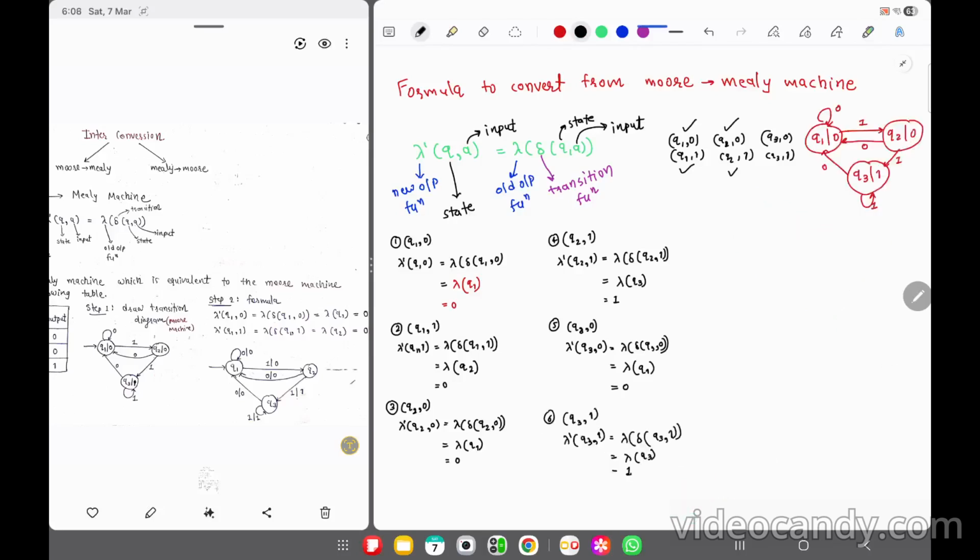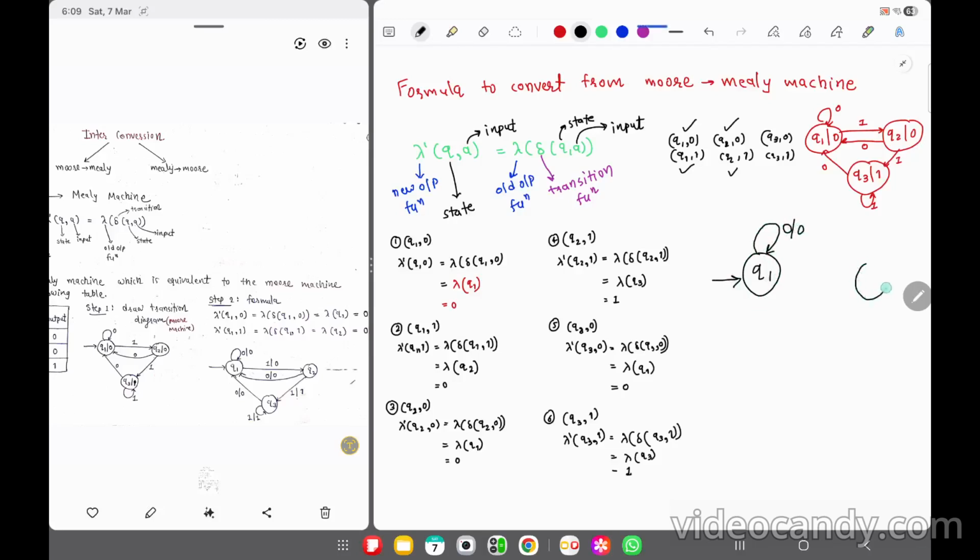Now we will draw the transition diagram of the Mealy machine from this. If we give Q1 the input 0, we go to state Q1 itself with the output 0.